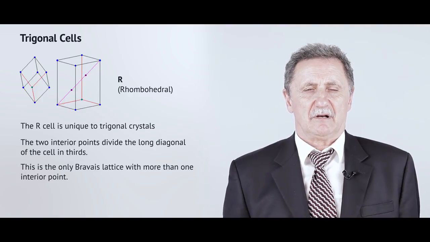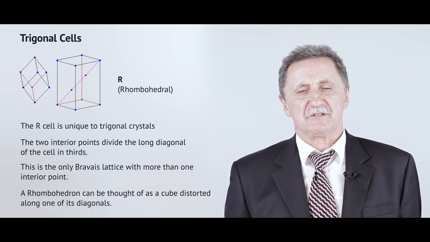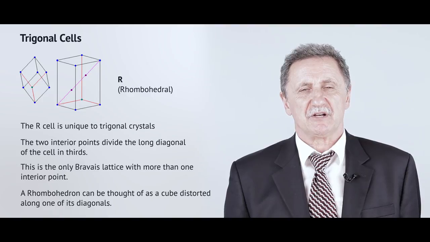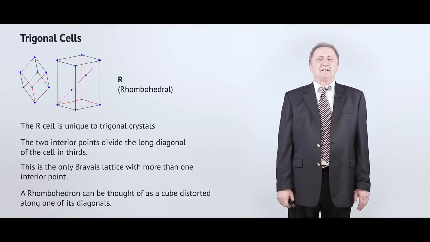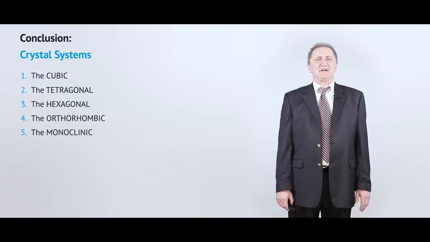The rhombohedral can be thought of as the cubic one, but distorted along one of its diagonals, along which these 2 atoms lie.